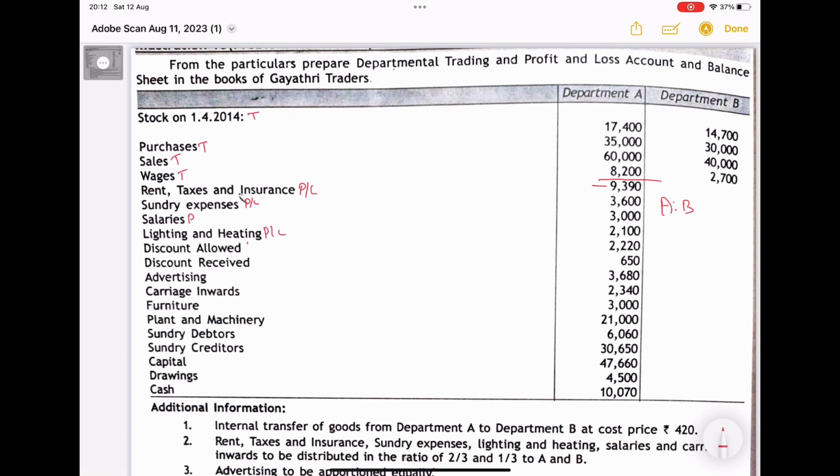Discount allowed, profit and loss account, debit side, discount received, profit and loss, credit side, advertising, profit and loss. Carriage inward is related to trading. At the time of purchasing raw material, we incur the expenditure called carriage inward. Furniture related to balance sheet, plant and machinery balance sheet, sundry debtors, creditors, capital, drawings, all these things are related to the balance sheet. Cash drawings also related to the balance sheet.